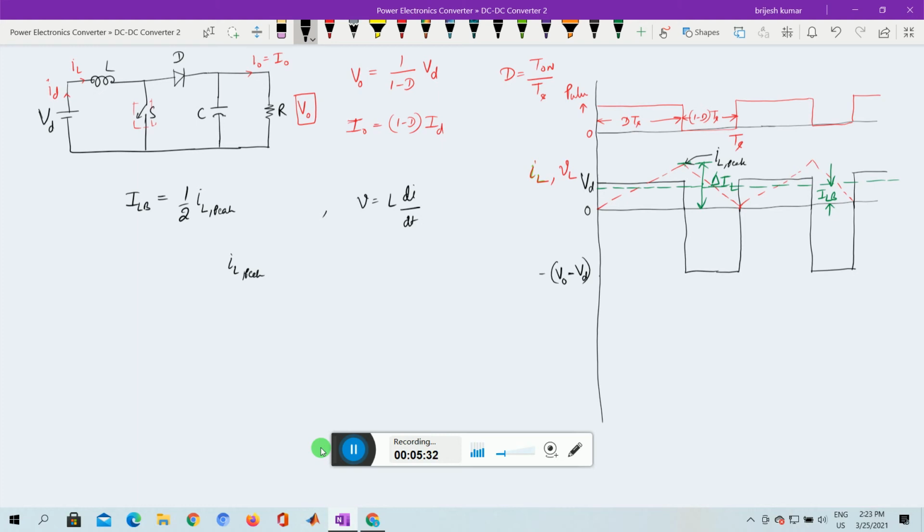At the time of IL peak, the input voltage is Vd applied during the time 0 to DTS. So IL peak is Vd times DTS divided by L. This is the value of IL peak. We can substitute it here, multiplied by half. Let us remove this.